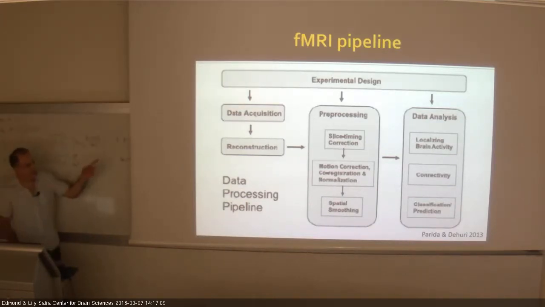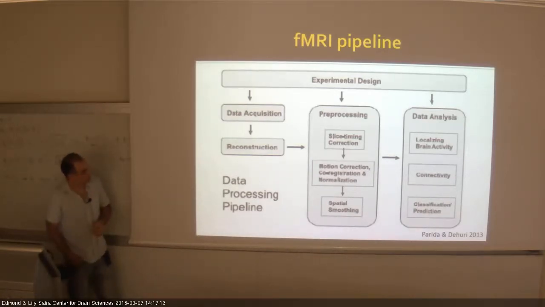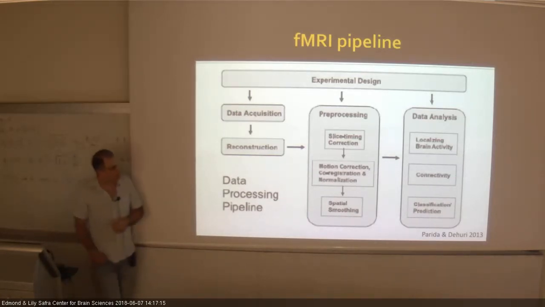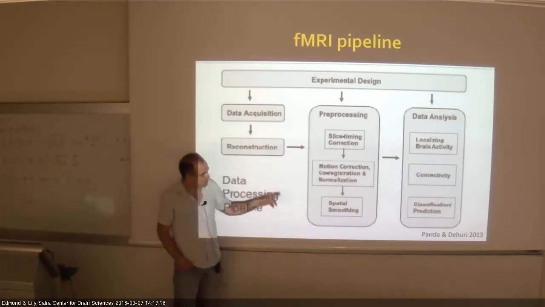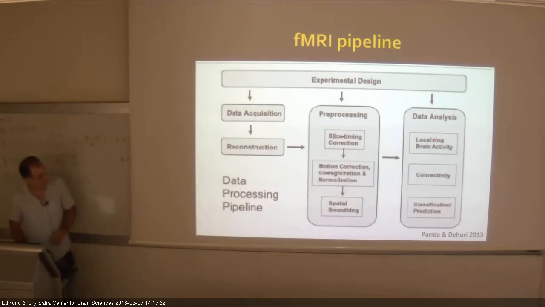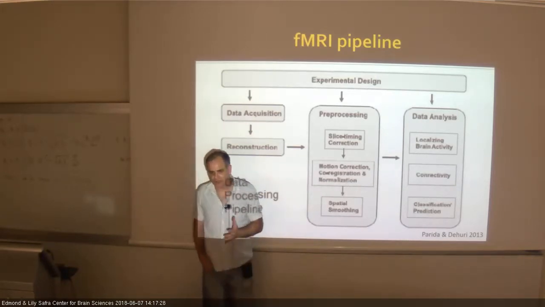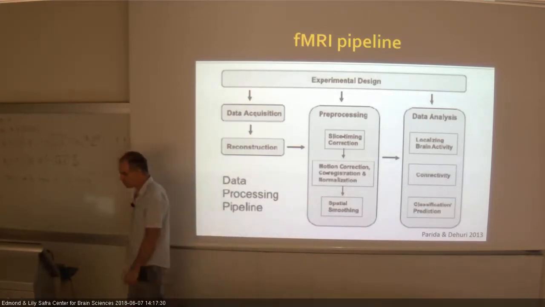Then we acquire the data. There's some reconstruction, which I'm sure Aviv talked about or will talk about. Then there's a whole bunch of pre-processing algorithms that we have to apply. And then we come to the analysis itself, which can be one of many different approaches to treat the data.